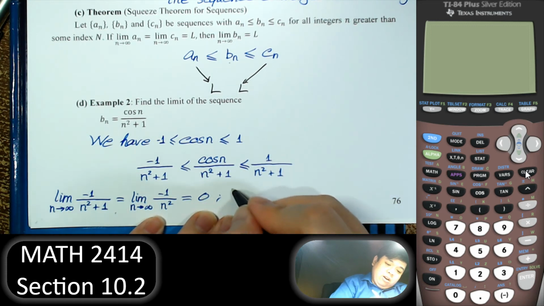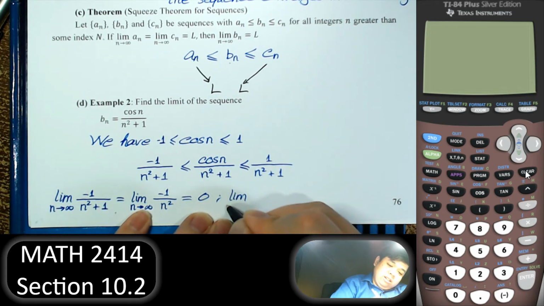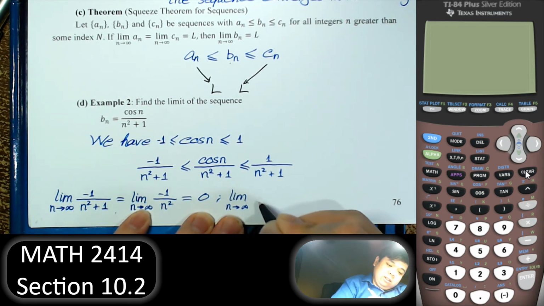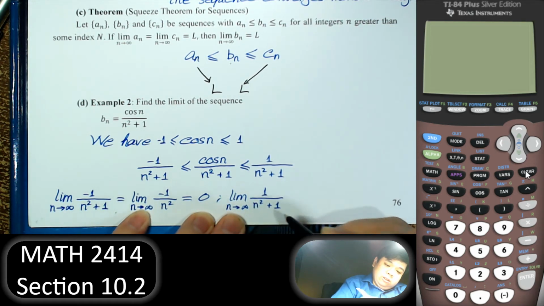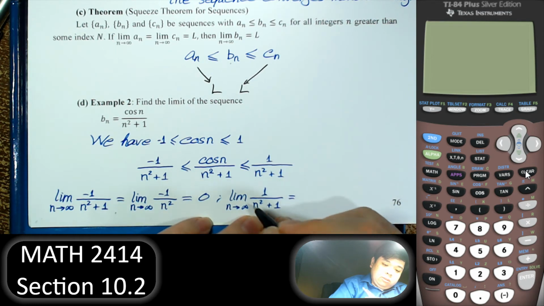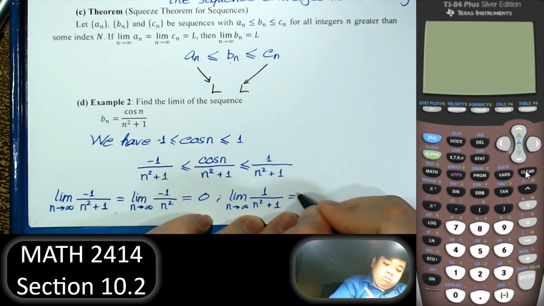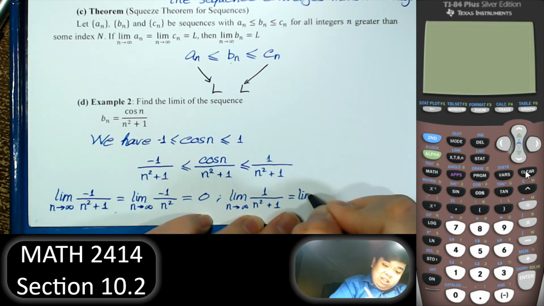Now we find the limit on the right. Put in infinity, the 1 is also insignificant compared to n, and n squared is even bigger than n.